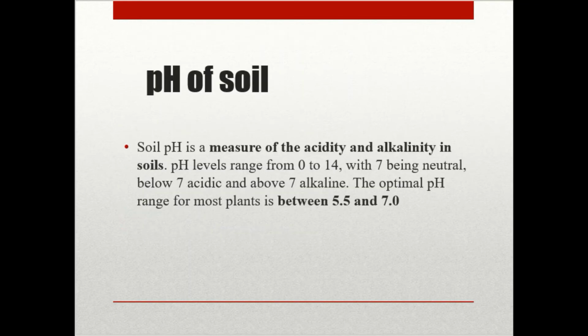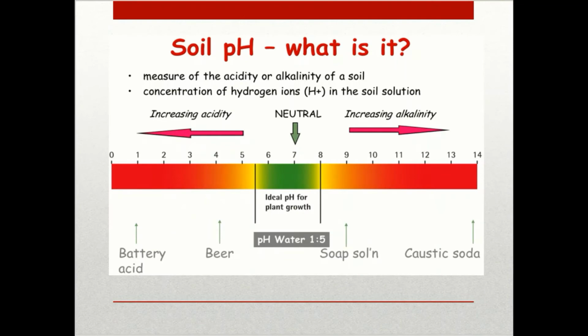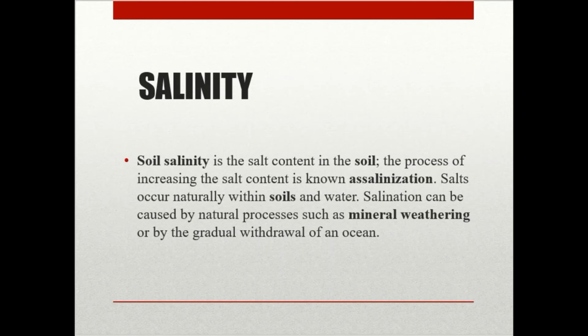Usually pH is measured from a range of 0 to 14, with 7 being neutral, below 7 acidic, and above 7 alkaline. The optimal pH range for most plants is between 5.5 and 7.0. Salinity is salt content in the soil. The process of increasing salt content is also known as salinization.